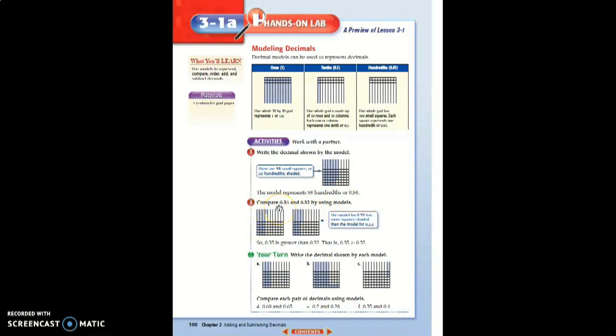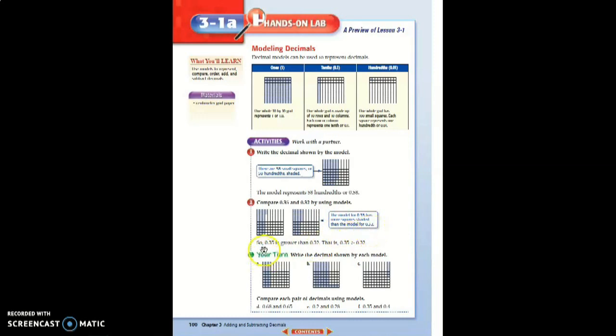Compare 0.35 and 0.32 by using models. The model for 0.35 has more squares shaded than the model for 0.32.